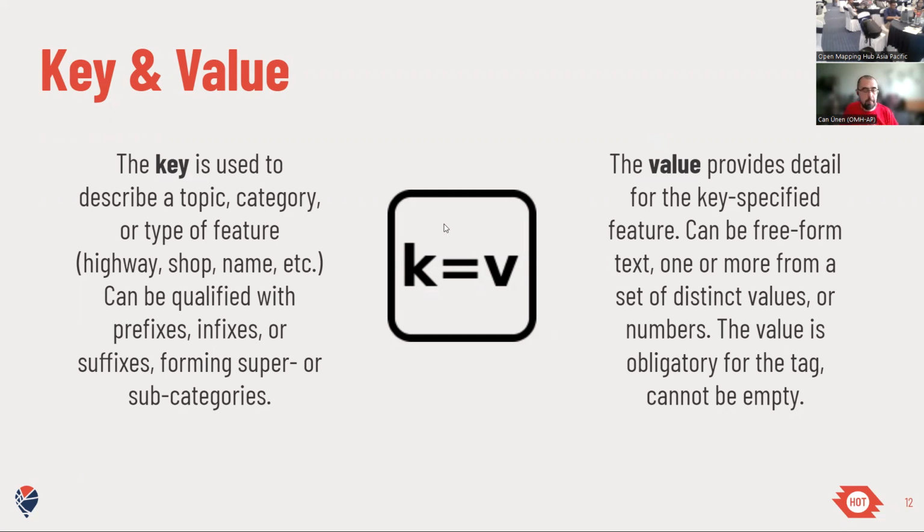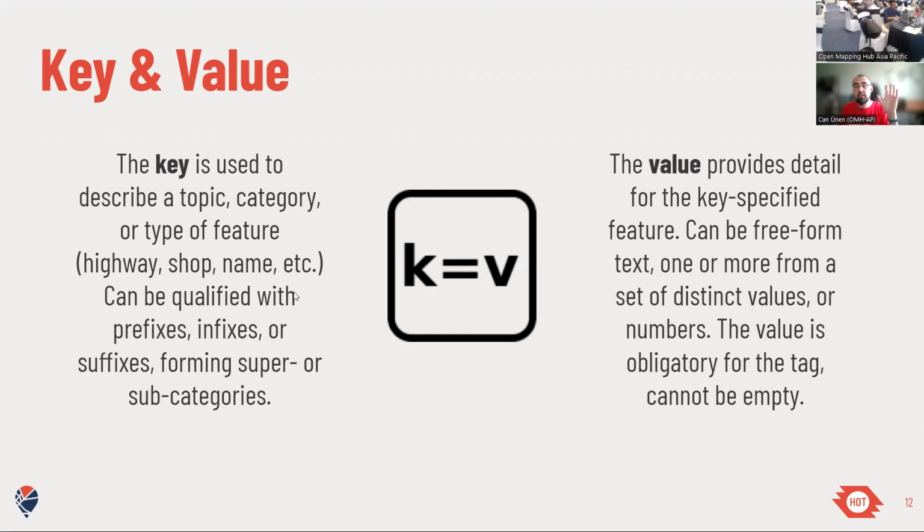So the value is describing more detail about the object. It can be freeform, so it can be text-based. So you can add anything, but what you add, as I said, should make sense.